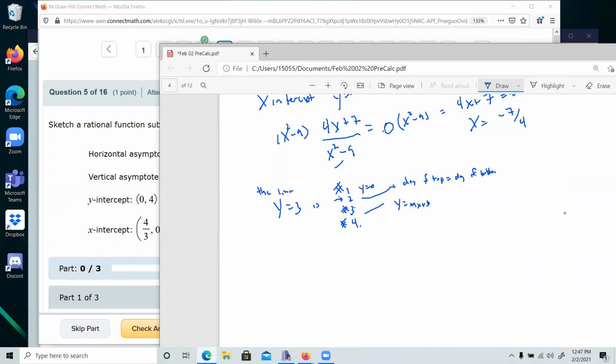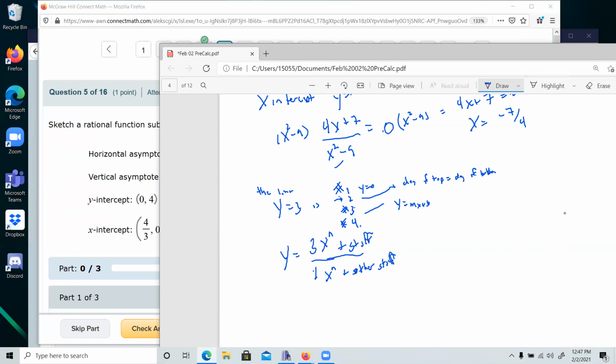So whatever I'm going to have here as a y equals, we're going to have some kind of a ratio. So we're going to have some kind of a 3x to the n over 1x to the n, plus some stuff, plus some other stuff. I don't know what these degrees are yet.